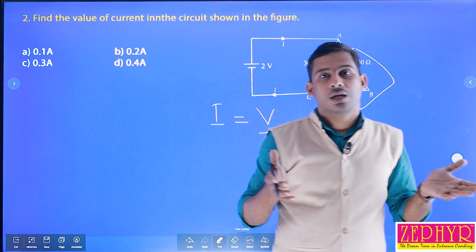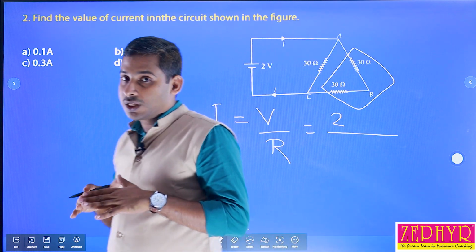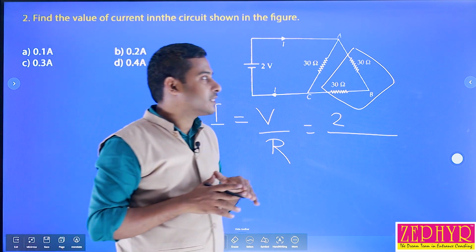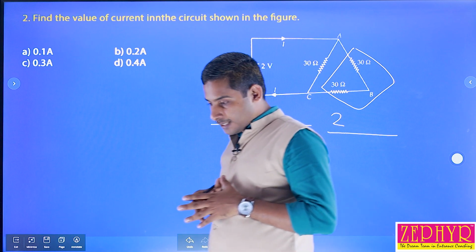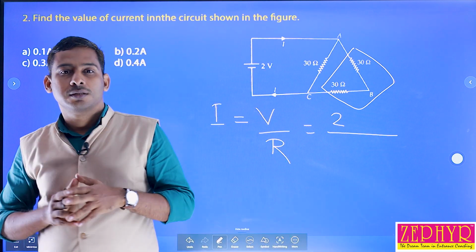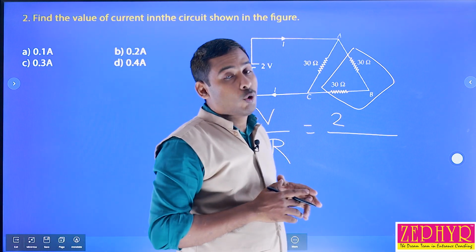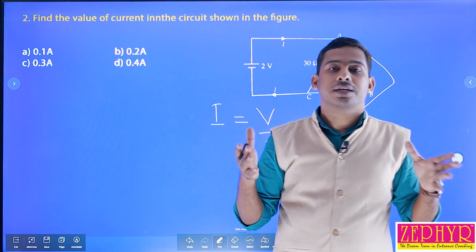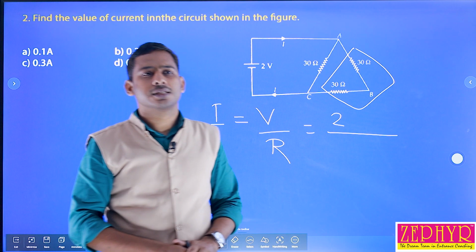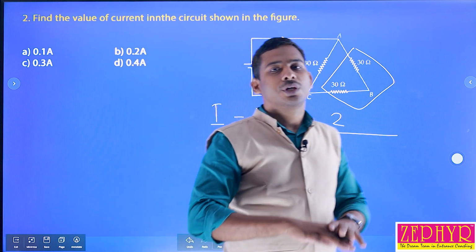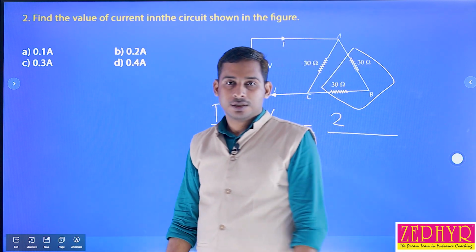The other 30 ohm will come in parallel to these two. So, what is resistance actually? Resistance is nothing but it opposes the flow of current. It will oppose and won't allow the electricity freely.